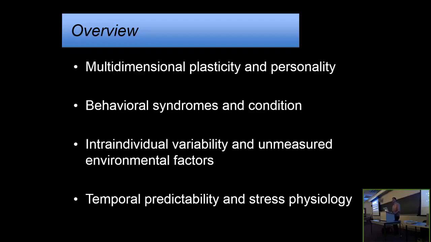And when I say intra-individual variability, I'm talking about how widely an individual might fluctuate around its behavioral mean. And then wrapping up with a little talk on temporal predictability and how stress physiology might affect those patterns of behavior. So, all right, to start off with multidimensional plasticity and personality.